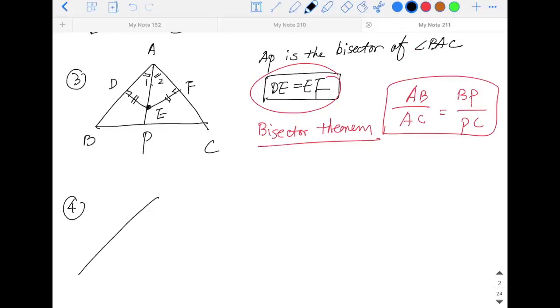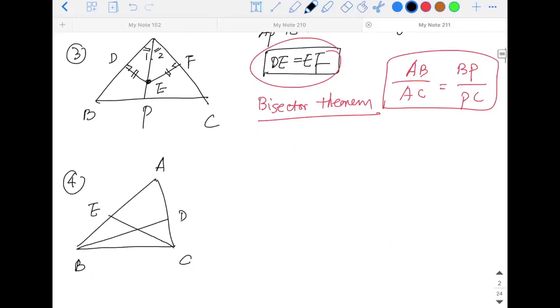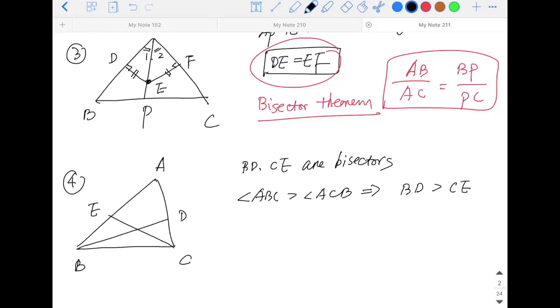So I have a triangle ABC. I have two bisectors, BD and CE. Okay, BD and CE are bisectors. If angle ABC is lesser than angle ACB, then I must have BD greater than CE.